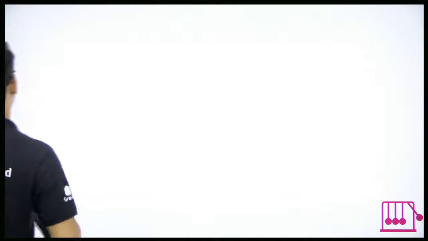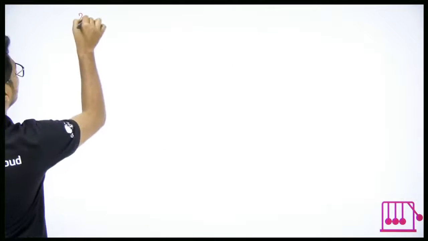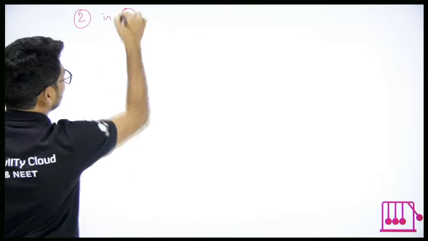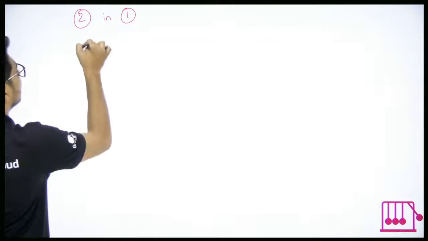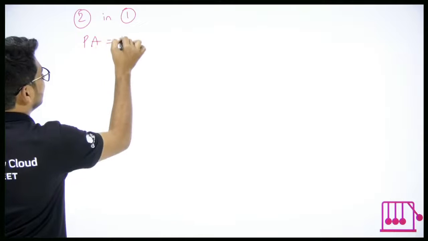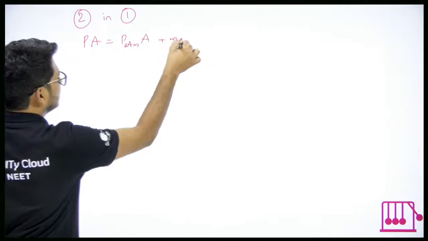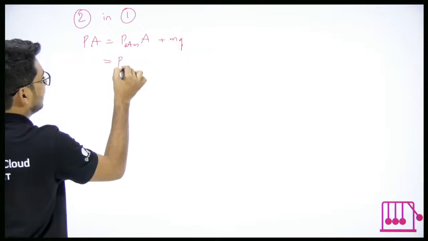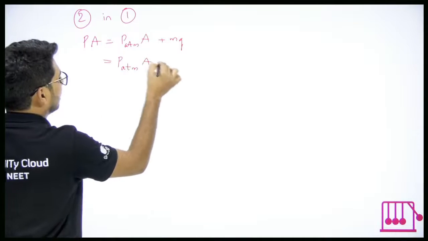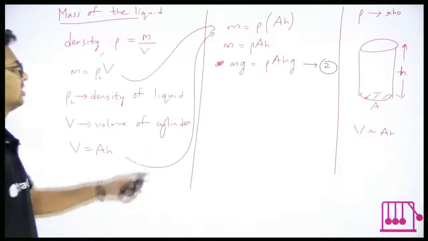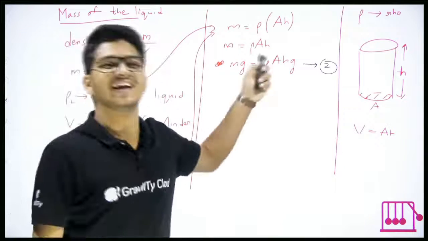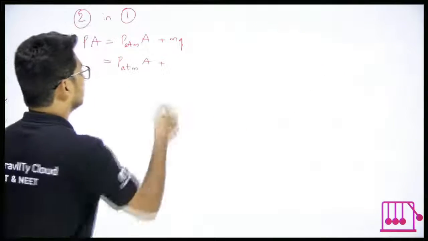So if I combine 1 and 2, let's say equation 2 in 1, what does that become? Equation 1 is PA is equal to PATM into A plus mg. But in place of mg, I'll use equation 2: rho AHG.